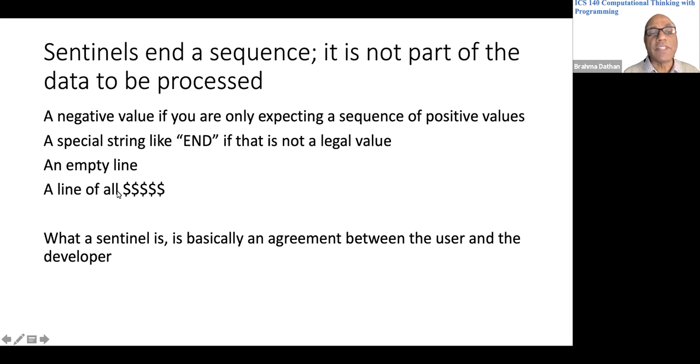Perhaps, in some context, a line with a few dollar symbols could be considered a sentinel. A sentinel is basically an agreement between the user and the developer. You think of something that cannot be part of legal input, and that could be thought of as ending the sequence. I cannot tell you exactly what a sentinel value should be. That really depends on the problem.